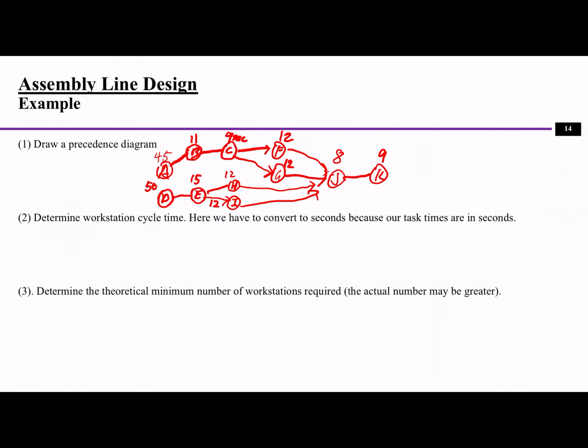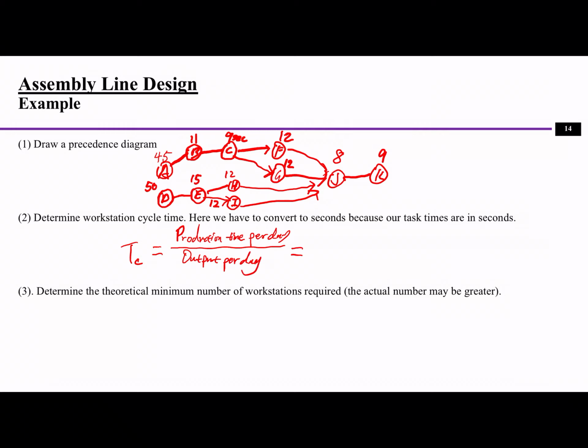Now, with this information, we can calculate the cycle time using the production time per day divided by output per day.